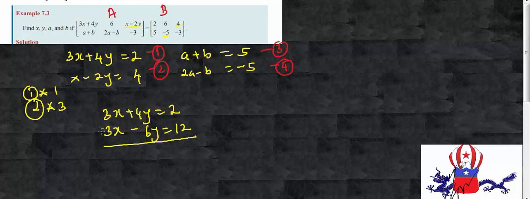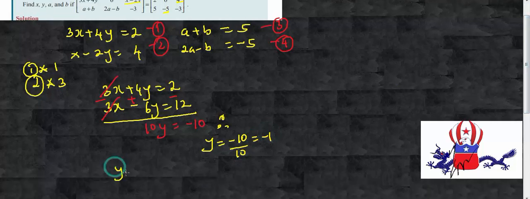Subtracting, in other words changing the signs, 3x can be cancelled, so on this side it's going to be 10y. 2 minus 12 would give me -10. Therefore, the value of y would be -10 divided by 10, which is equal to -1. You can specify it here, y being equal to -1, and then box the result.